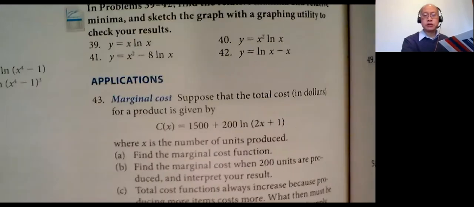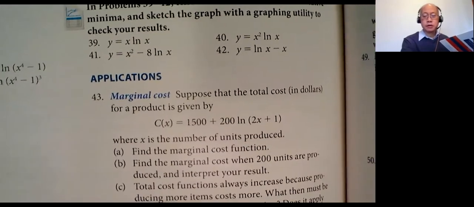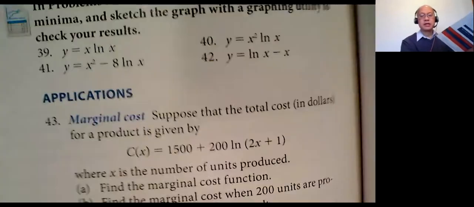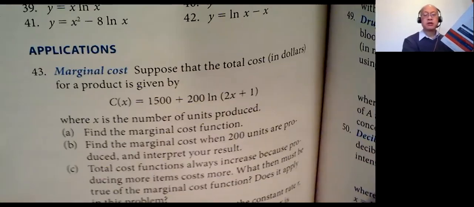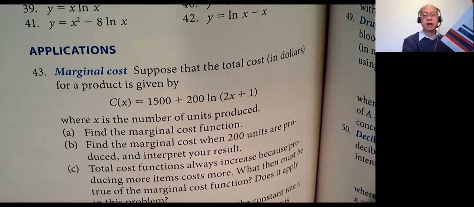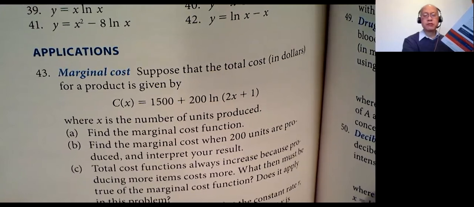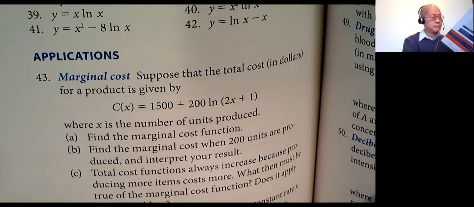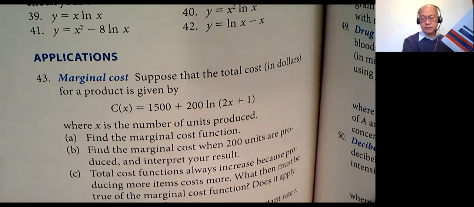B: plug in 200 to the marginal. C says something about total cost functions always increase because producing more items costs more. What then must be true of the marginal cost? Does it apply in this problem? It means it must be positive. Okay, so we'll see that.